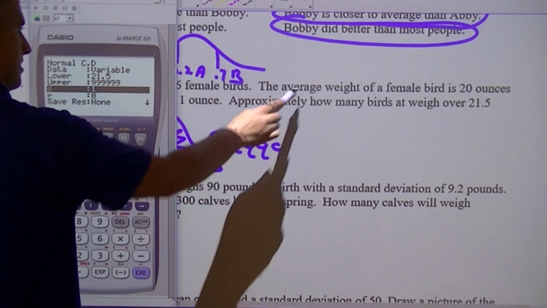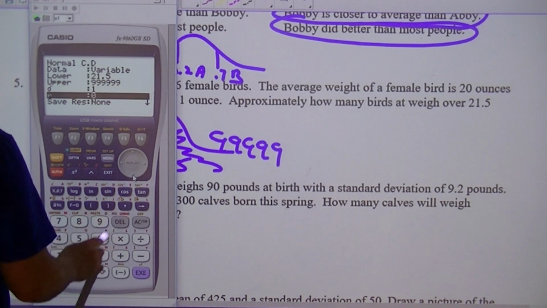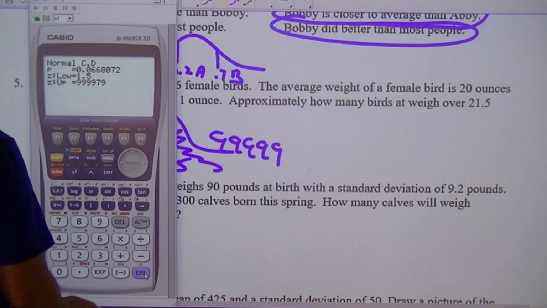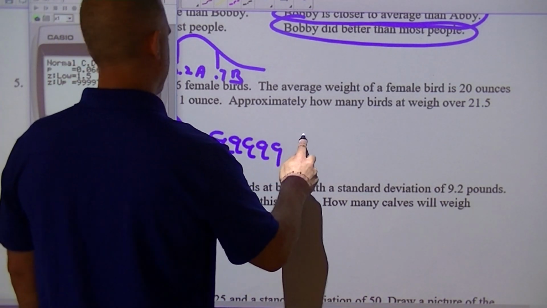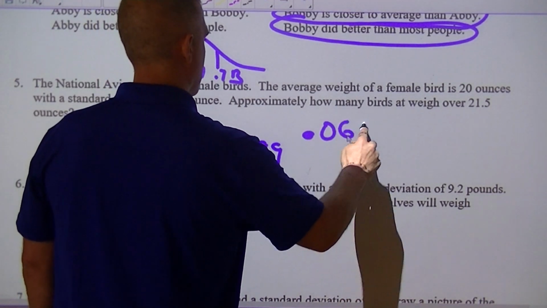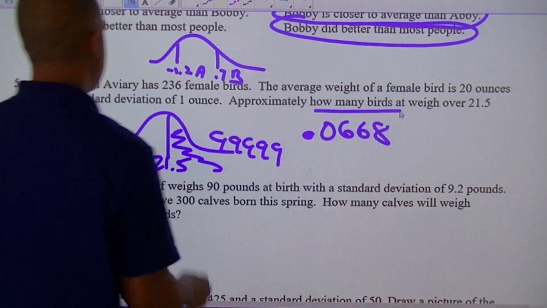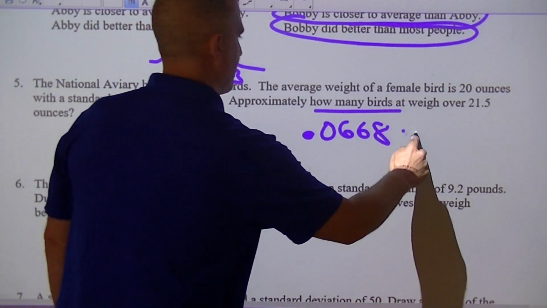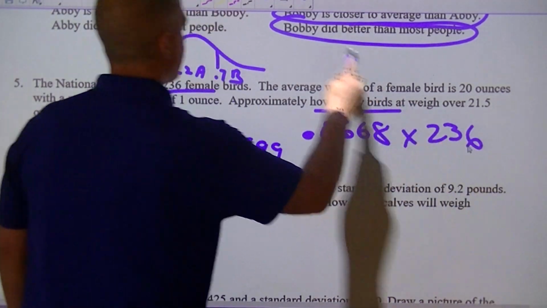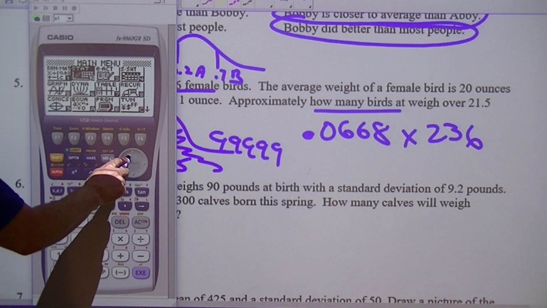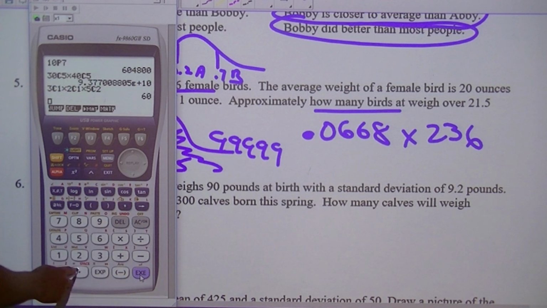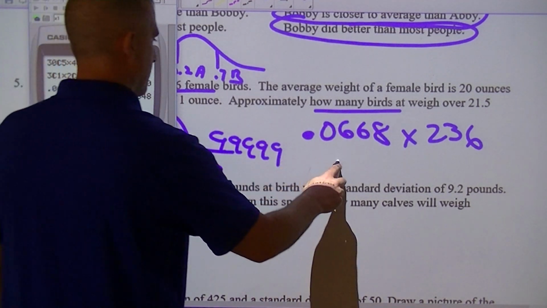The average weight, yep, average is 20. That's 0.0668. Now, since it asks for how many, I got to multiply that by 236. So that's 15.76.